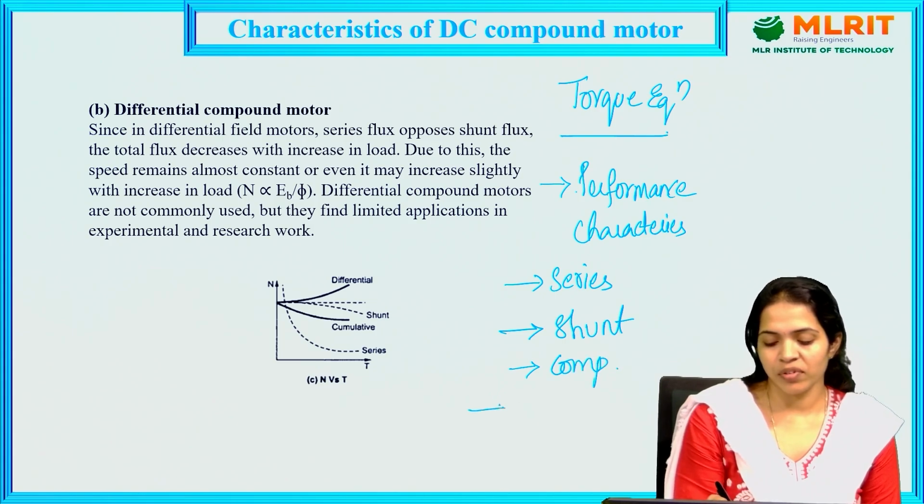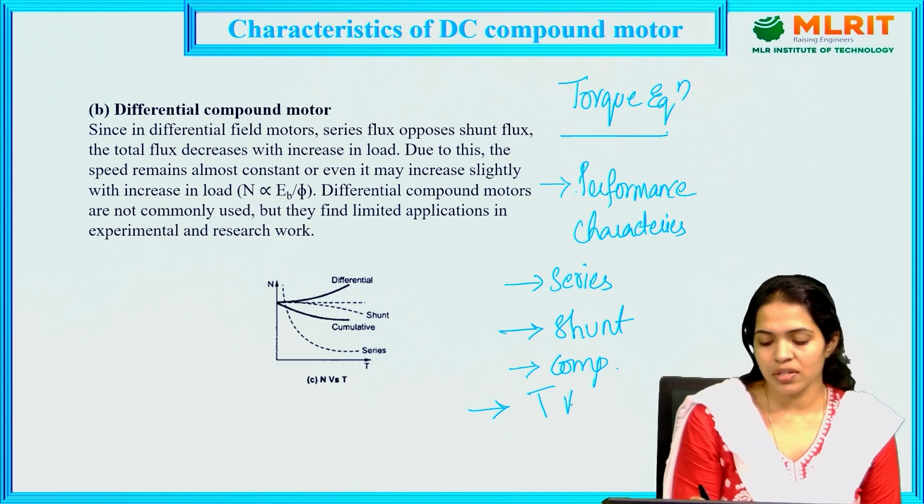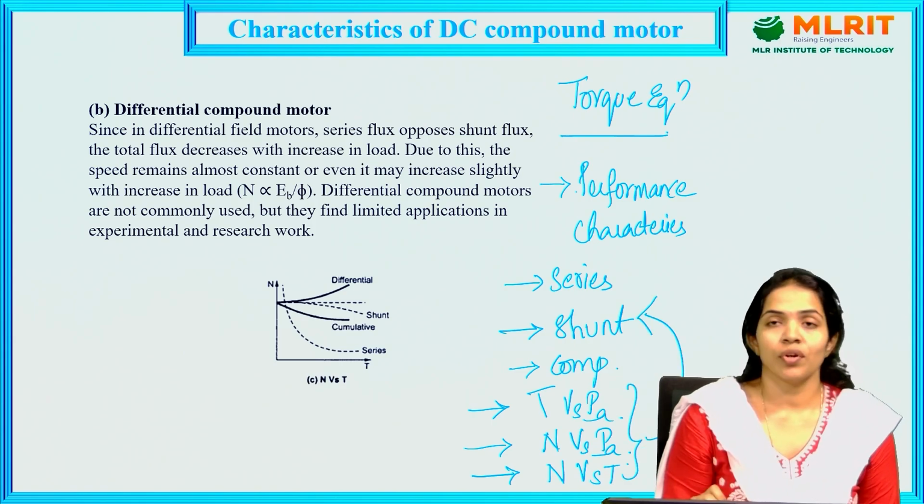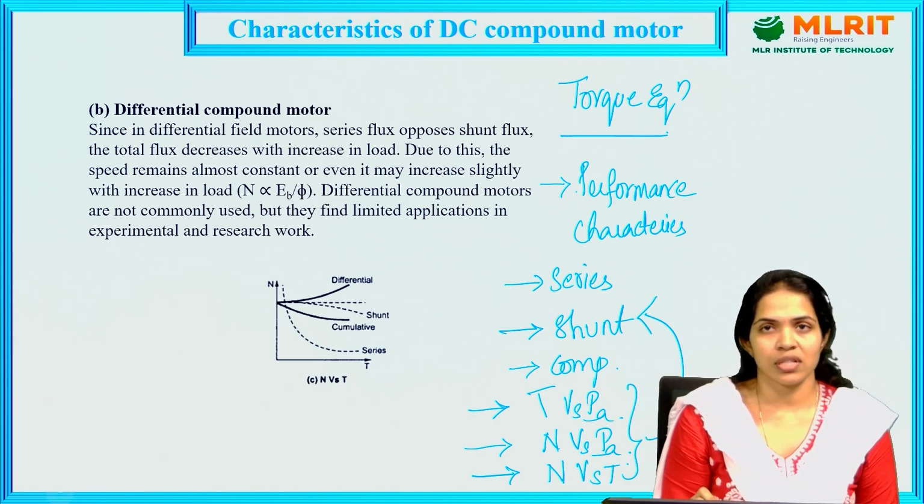We know that the performance characteristics are torque versus armature current, speed versus armature current, and the last characteristic is speed versus torque. We have analyzed all these three characteristics with different curves for all the three kinds of motors in today's lecture. Thank you.